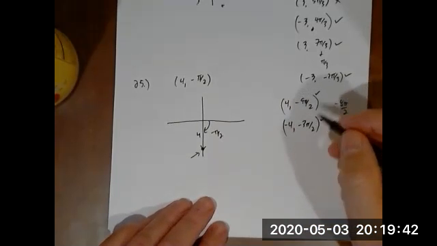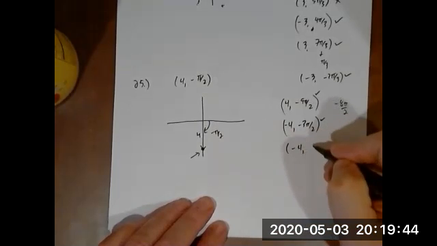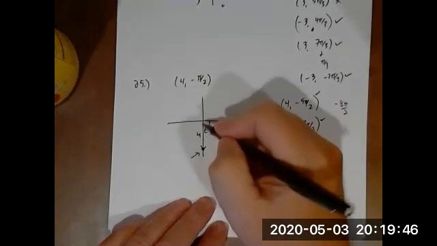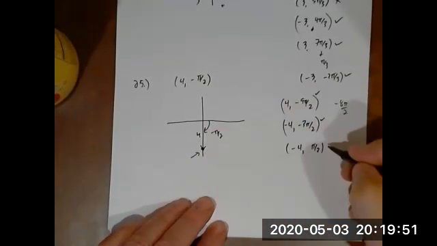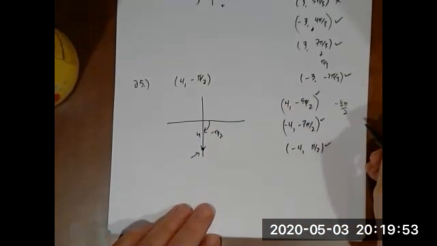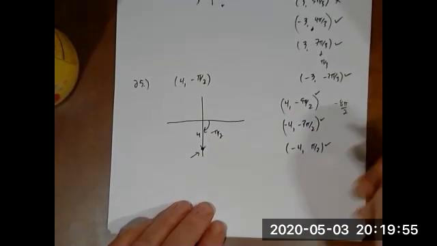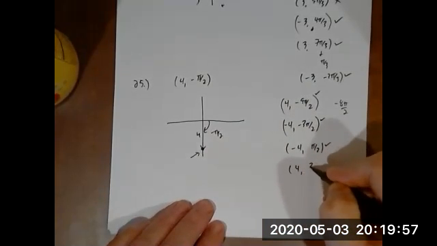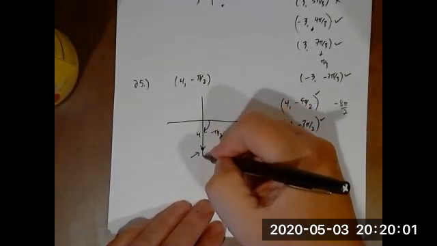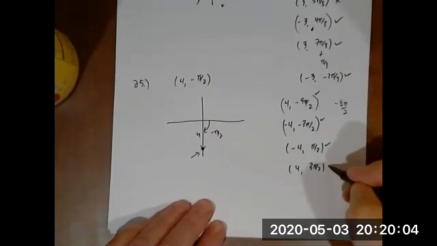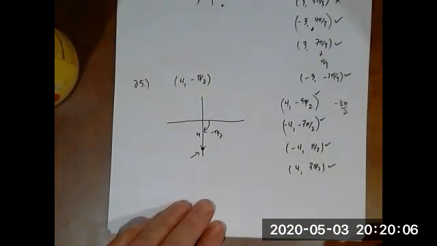How about (negative 4, pi over 2)? Pi over 2 is positive y-axis, but the negative 4 flips it down here. That's the same point. How about (4, 3 pi over 2)? 3 pi over 2 is a negative y-axis and distance 4. So far, all 4 of those are the same.